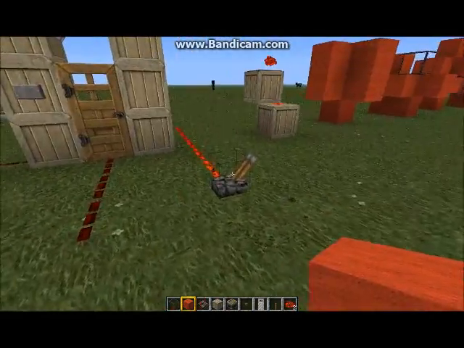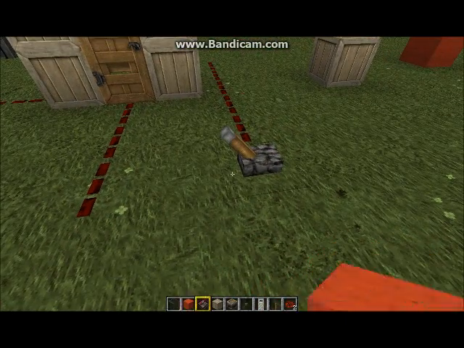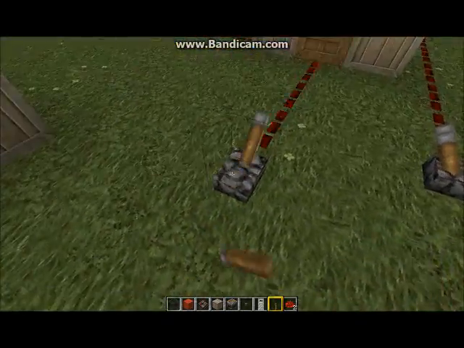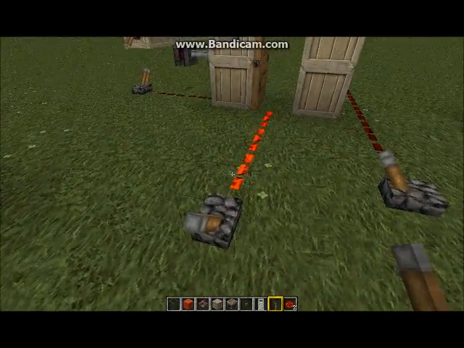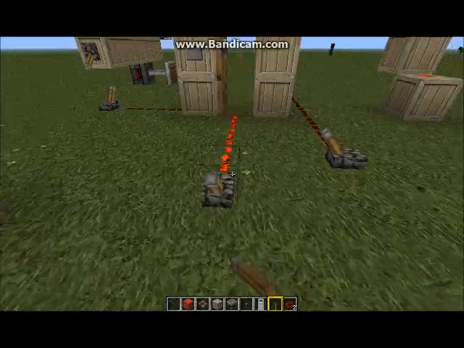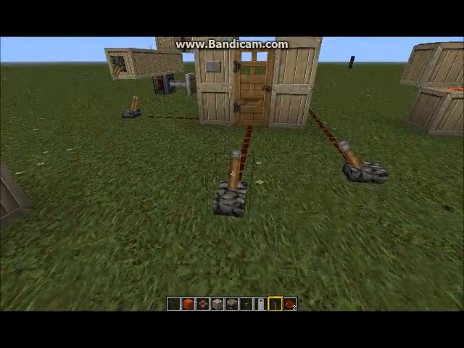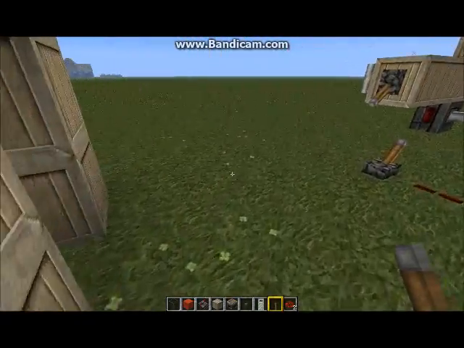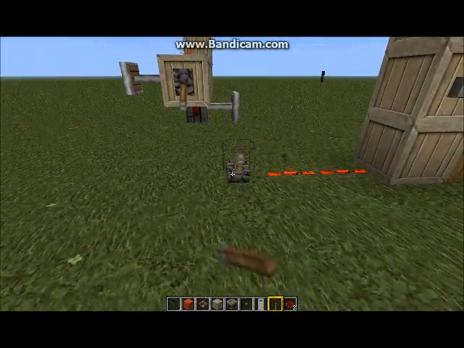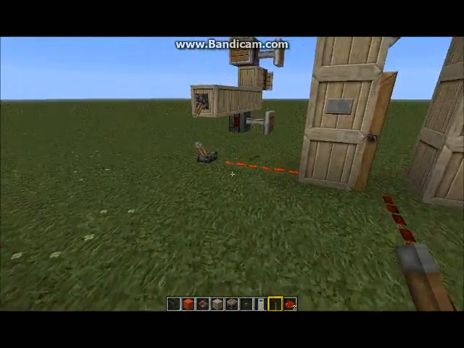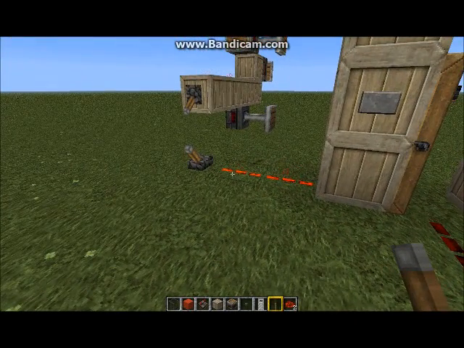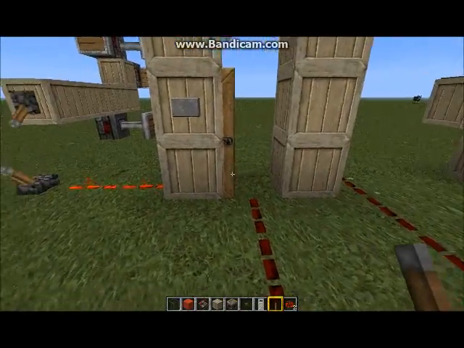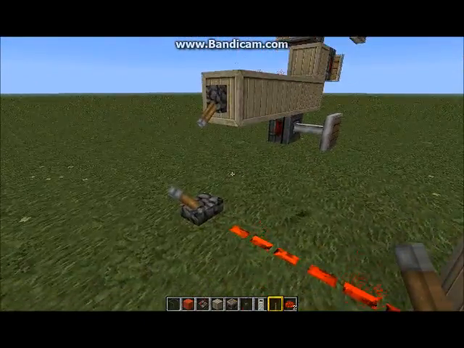Okay, so here we have what most people understand about redstone wires: that you point them at an object and it's operated. What a lot of people miss till later on is that if you point a wire at a block, anything adjacent to that block will be operated.